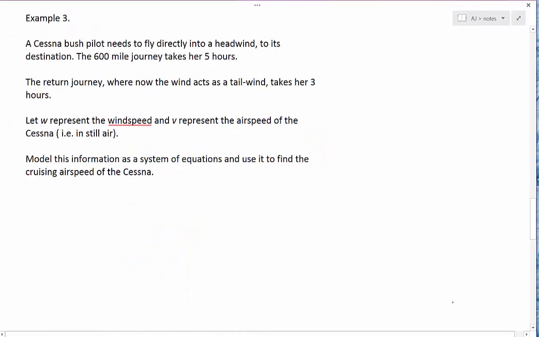This final example has appeared in sample exams in the past and is really about speed and travel. So please pause the video, read it carefully.